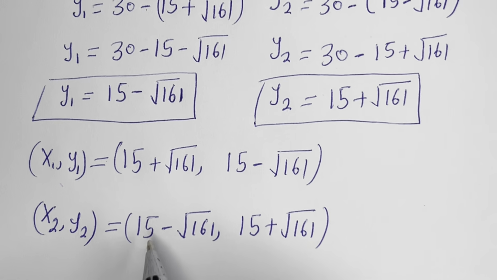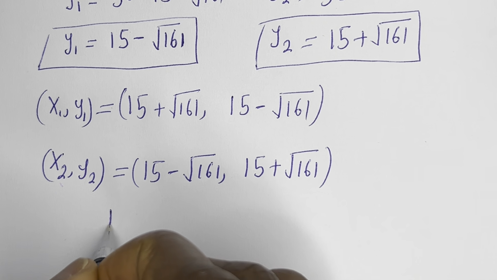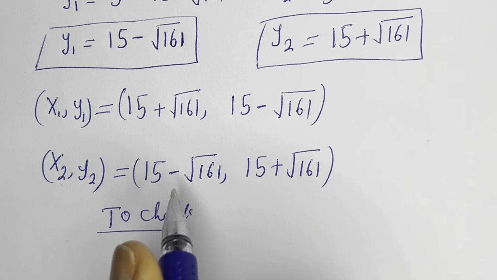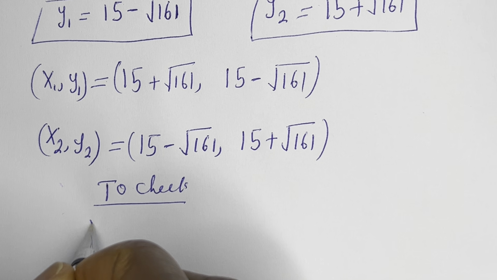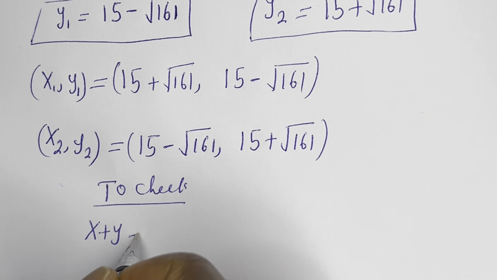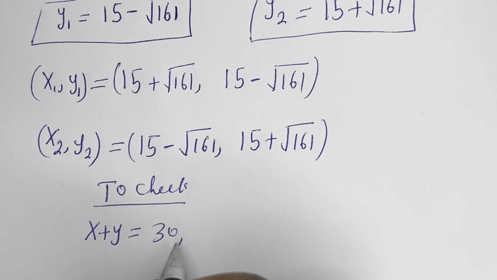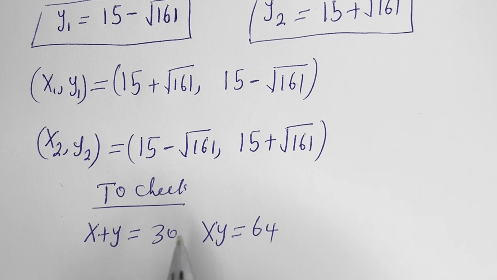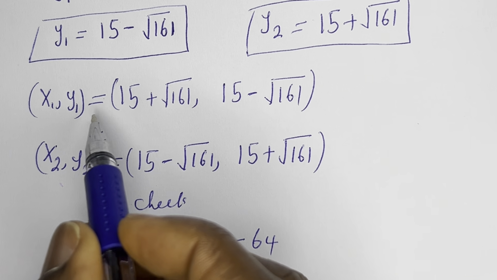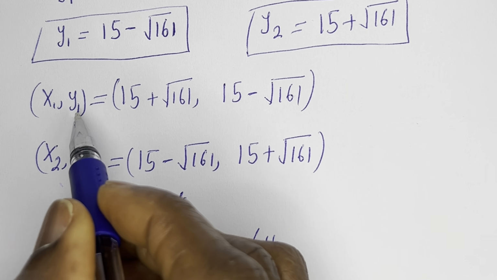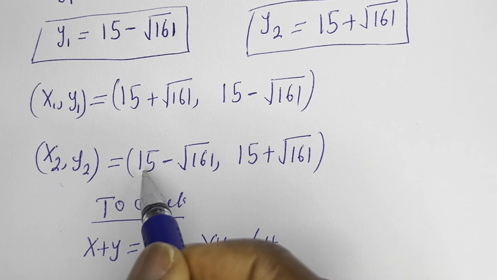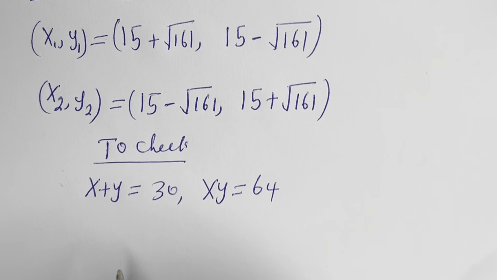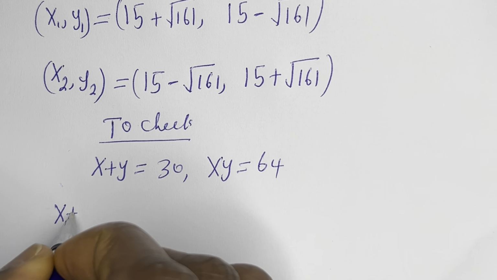Let's check. To check, we have the given equations x plus y is equal to 30, xy is equal to 64. Now, let's make use of this x1, y1. We may also make use of this x2, y2. Then we have x plus y.